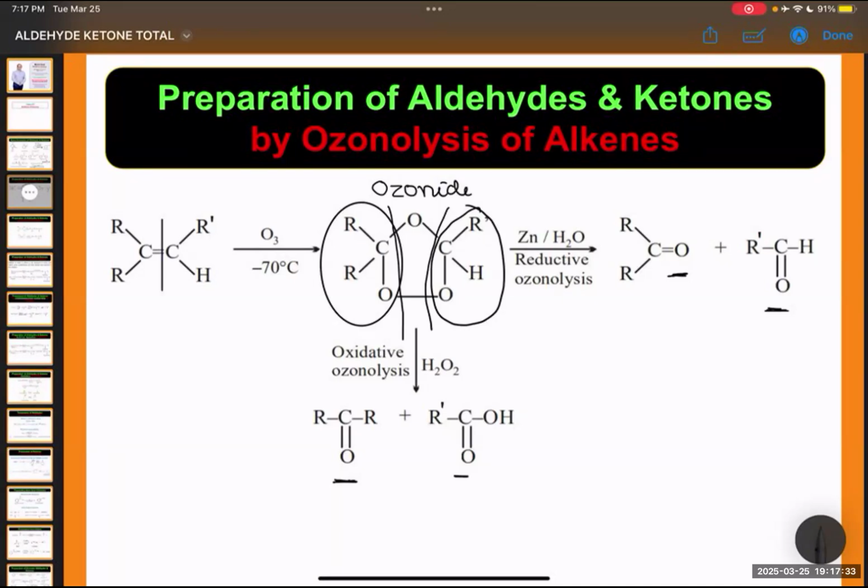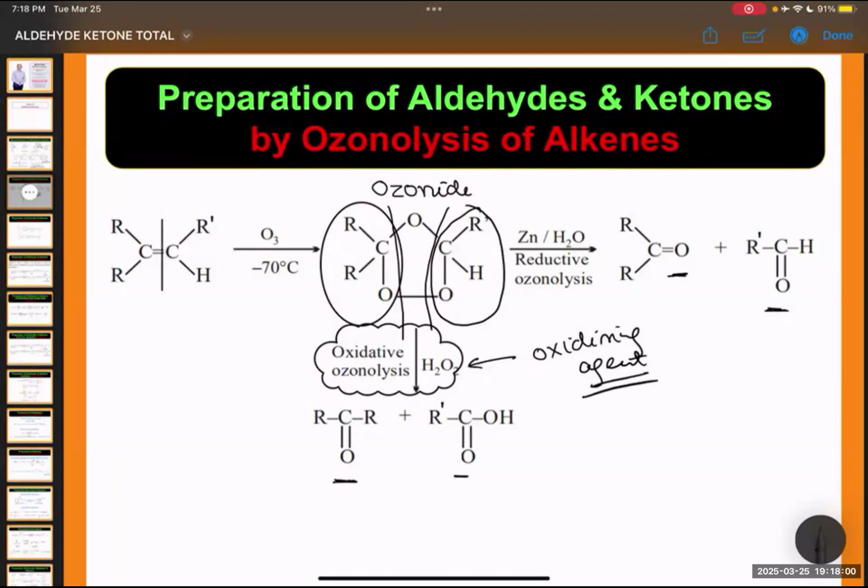But in oxidative ozonolysis, look here, you have taken an oxidizing agent, H2O2. So the oxidizing agent will oxidize.